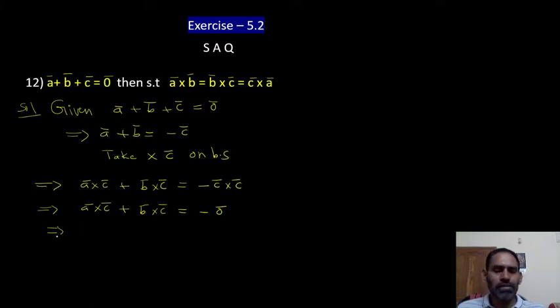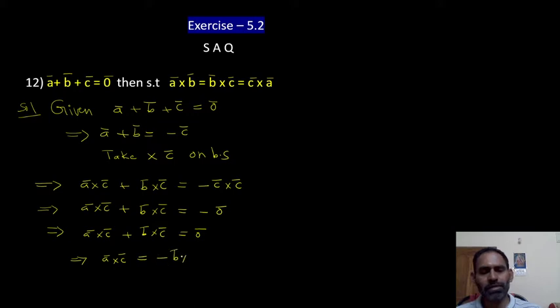That implies A bar cross C bar plus B bar cross C bar equal to 0 bar. That implies A bar cross C bar equals minus of B bar cross C bar.